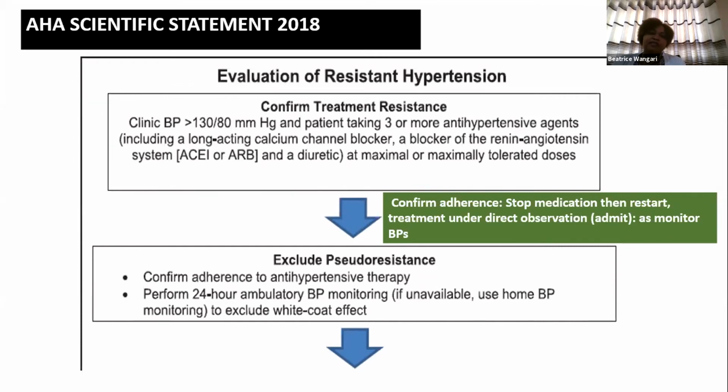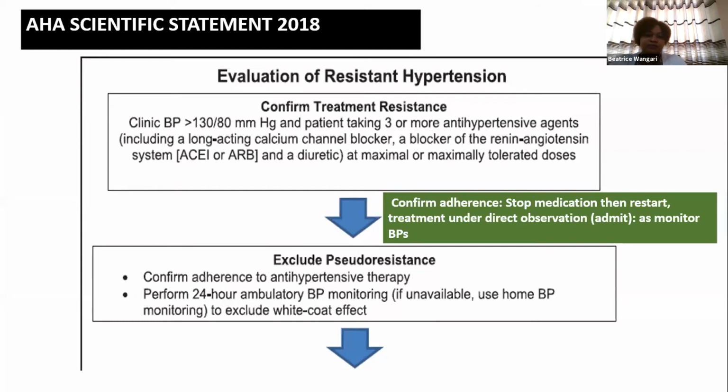Are they taking more than 3 antihypertensive agents? Do these agents include a long-acting calcium channel blocker, a blocker of the renin-angiotensin-aldosterone system, and a diuretic? And are these at optimal dosages?